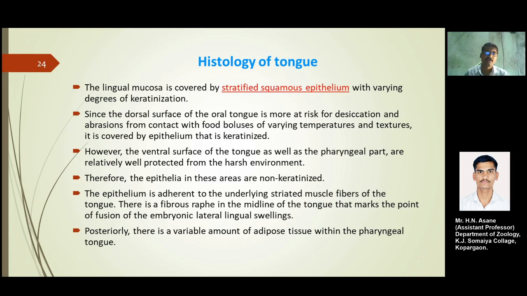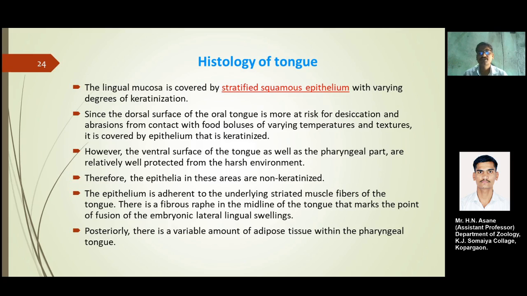Since the dorsal surface of the oral tongue is more at risk of desiccation and abrasion from contact with the food bolus of varying temperatures and textures, it is covered by keratinized epithelium.